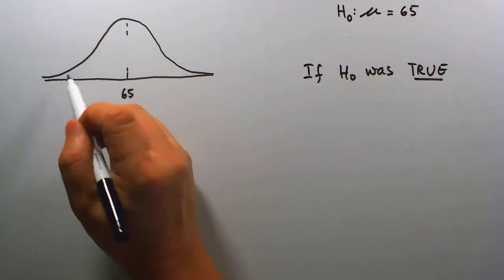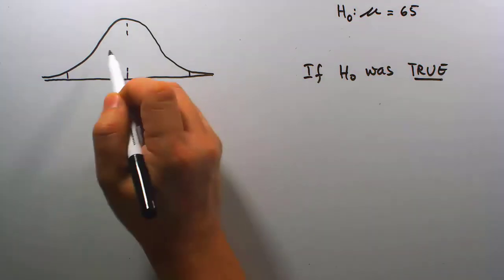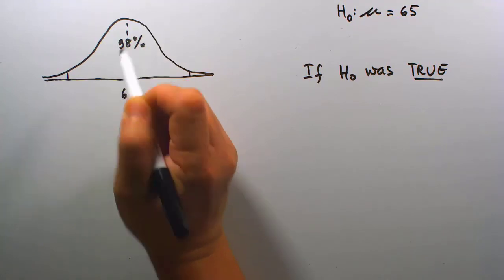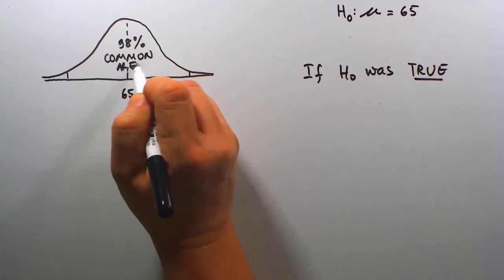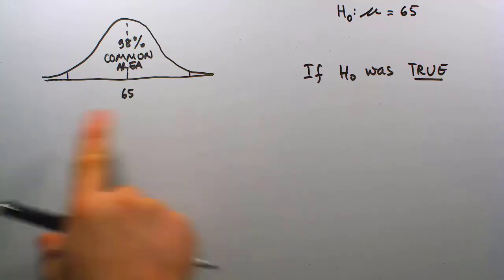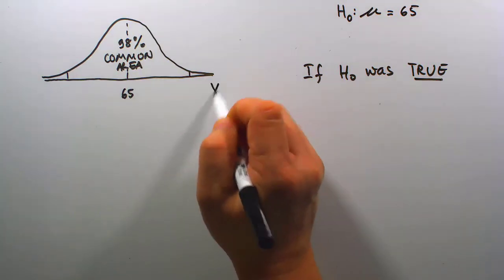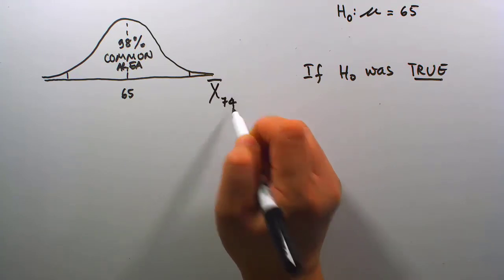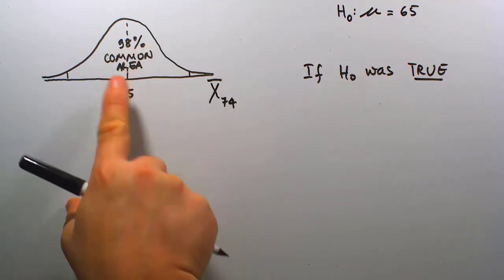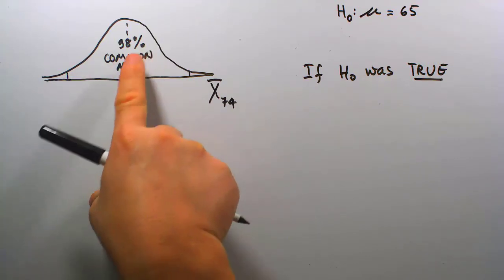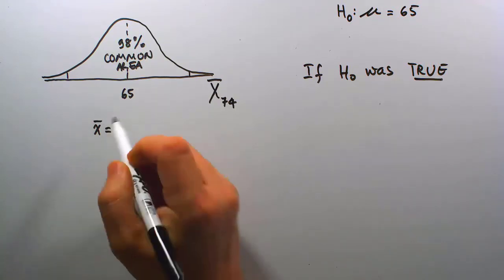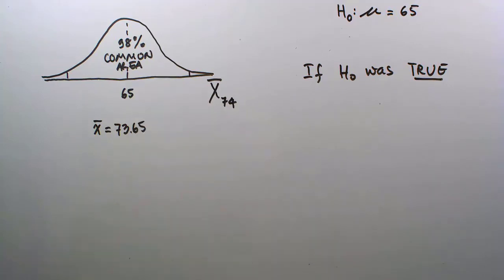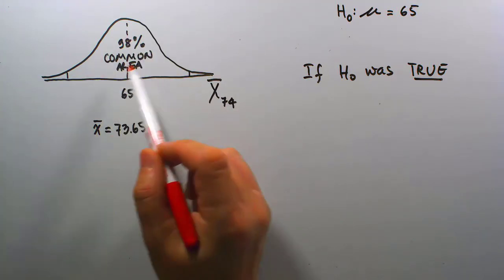And then in that way, again, with the common area being as big as 98%, and I should have said, even though the common area on this bell curve representing the distribution of all sample mean values at size 74 is as big as 98%, our sample mean that we found being 73.65 still did not stand anywhere inside of the big common area here.